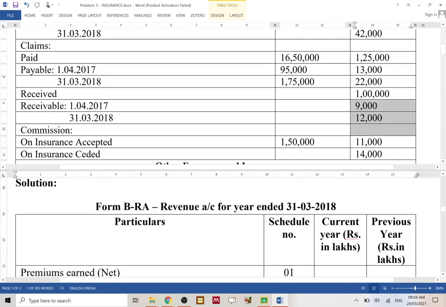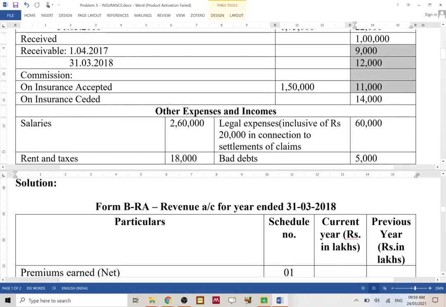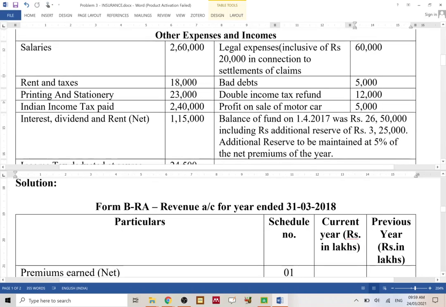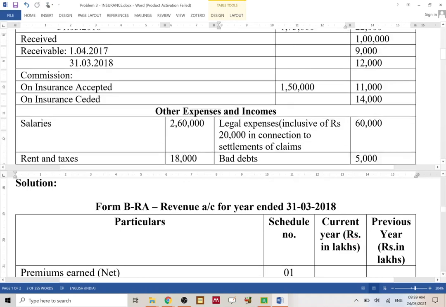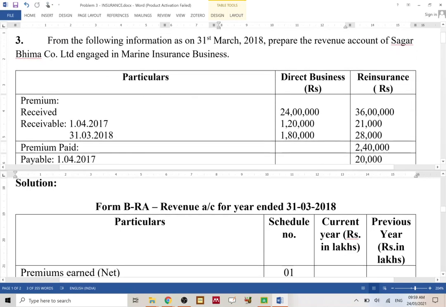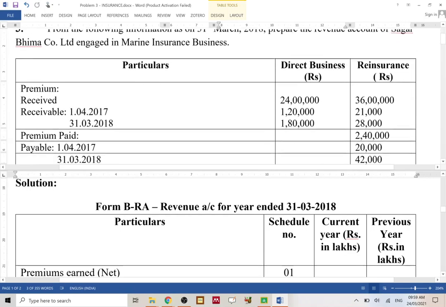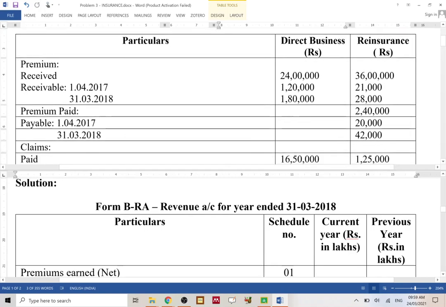All of these amounts and some other expenses and incomes are given to you related to things like salaries and all types of operating expenses. Then you are given some other incomes also, some profits also, and we are going to see where these will come in the revenue account. This is a little more detailed revenue account with many different new adjustments that we are going to get to see. So let's see now.